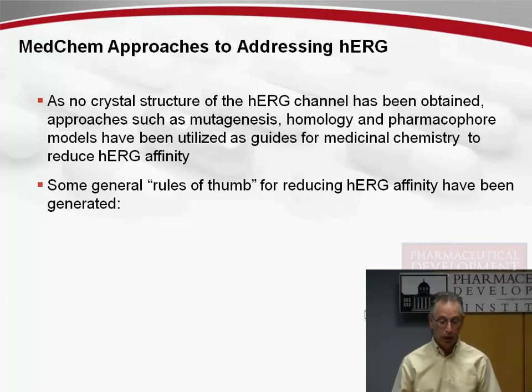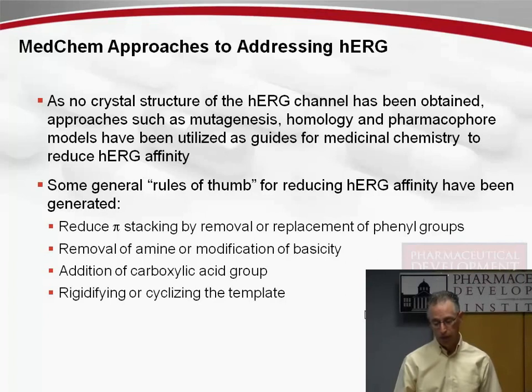For example, there are a lot of phenyl groups in the lower channel of the hERG ion channel, and phenyl groups which are actually present in your drug may interact with that through pi-pi stacking, so removal or replacement of these phenyl groups is one strategy for reducing hERG affinity.